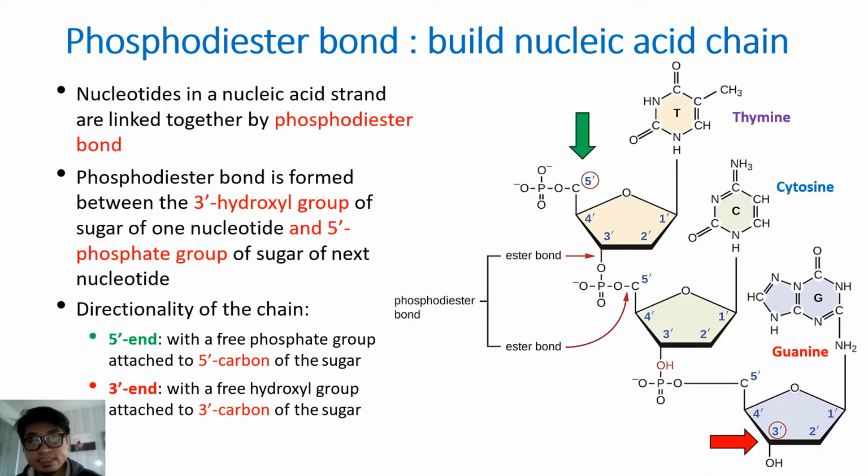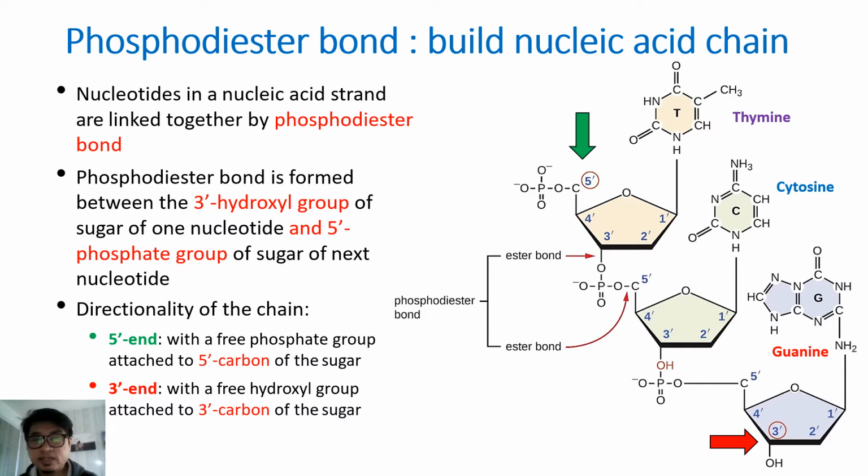So like I said before, the phosphodiester bond can build the nucleic acid chain. The nucleotides in the nucleic acid strand are linked together by phosphodiester bonds. The phosphodiester bond is formed between the 3' hydroxyl group of the pentose sugar, meaning the carbon number 3, and the 5' phosphate group of the pentose sugar of the next nucleotide, meaning that the first nucleotide and second nucleotide bind through different carbons.